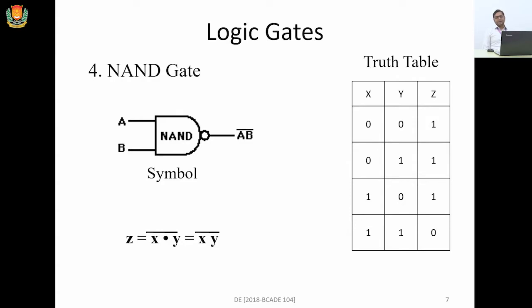If we have 2 inputs, it means we have 4 combinations, 2 to the power 2, which is 4. The 4 combinations are as usual 0 0, 0 1, 1 0 and 1 1. If I remind you, in the AND gate we have the output 0 0 0 and 1 finally.